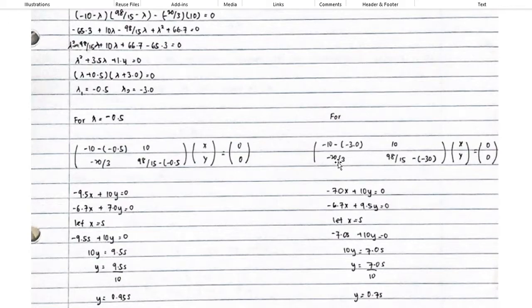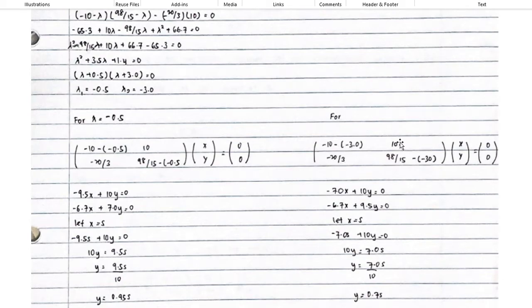For example, this part, negative 10 plus 3.0, we get 7.0, and 7.0 we times by x.